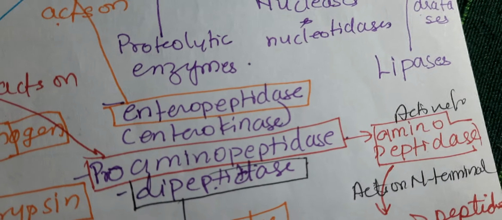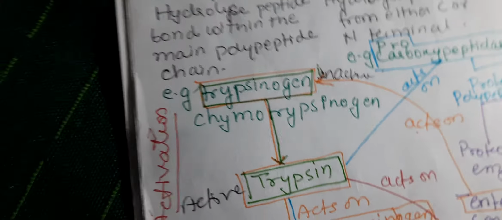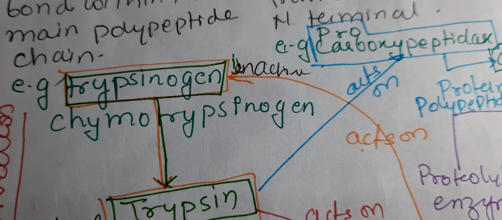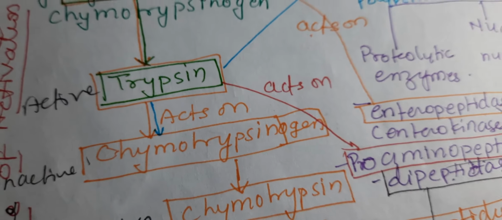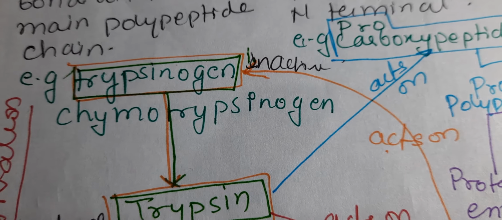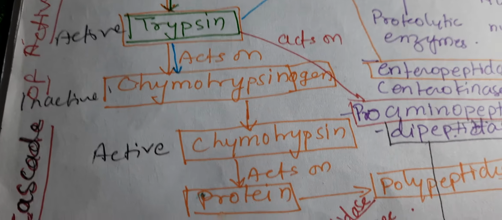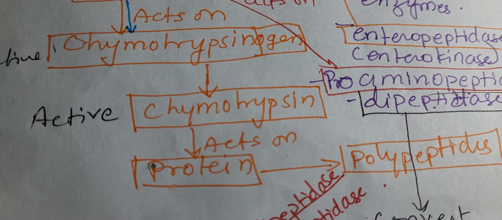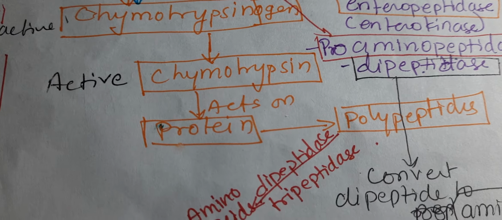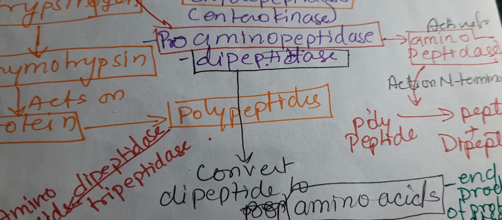So enteropeptidase of intestinal juice acts on the trypsinogen of the pancreatic juice and converts the trypsinogen into trypsin. Now trypsin acts on the chymotrypsinogen, which is the inactive form, and converts it to chymotrypsin. The chymotrypsin acts on the protein and converts the protein to polypeptide.